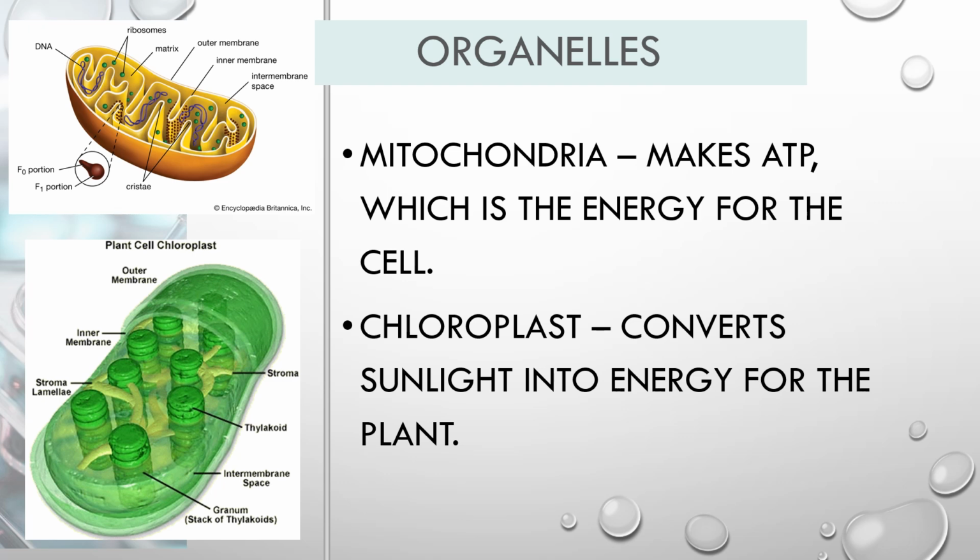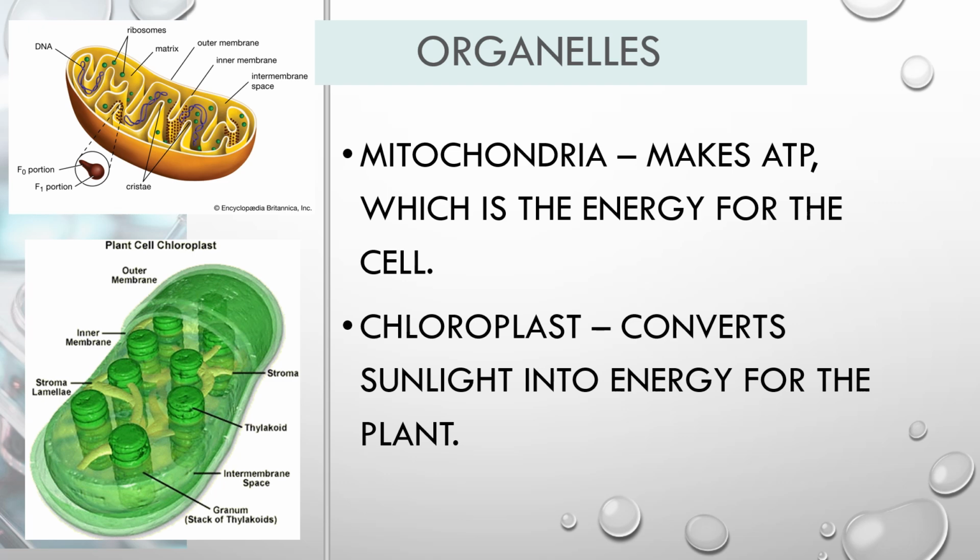The chloroplasts. Chloroplasts are only found in plants, and what they do is take sunlight and convert that into food, which will be used to feed the mitochondria. So they are connected. When you hear that photosynthesis means that plants are taking sunlight and converting it into energy, this is how they are doing that.